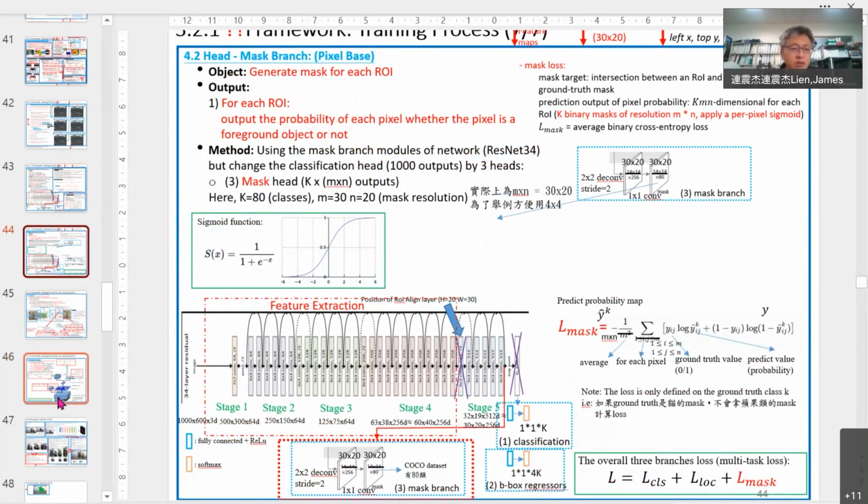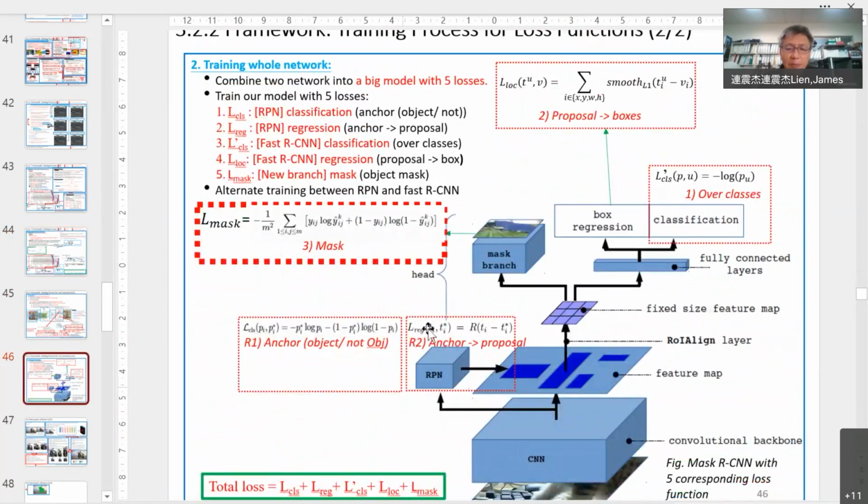However, when we use the RPN, there are 2 more losses because RPN is for the bounding box and uses the anchor. So we have foreground, background, which is a cross entropy. We also have a regression loss function.